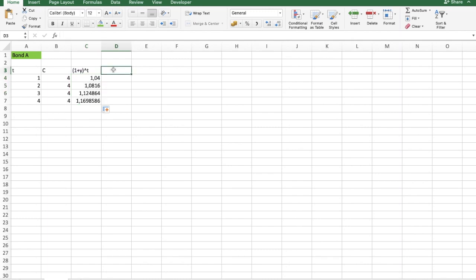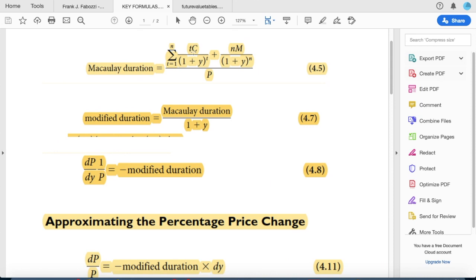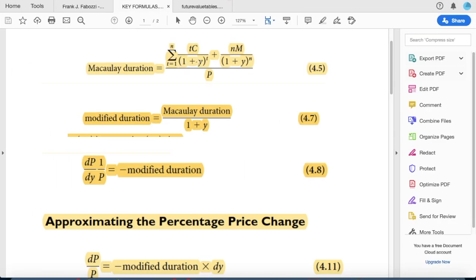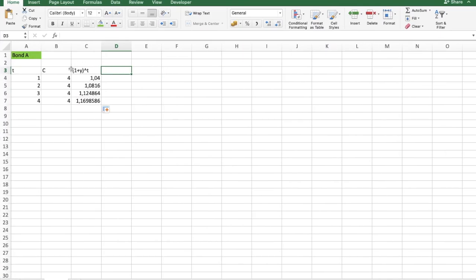Now remember, the first component of the Macaulay duration is equal to t times c divided by 1 plus y power t, divided by this one. So I will call it the first term, or the first component of the Macaulay duration.